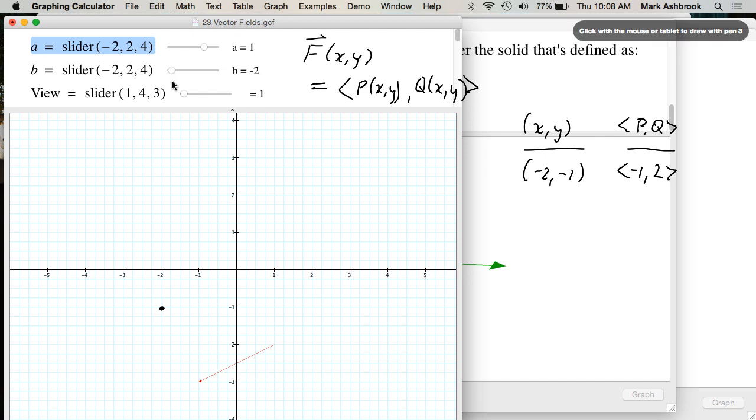If you can't see exactly where that tail is, this is the x and y. And then you're going to figure out what the resulting vector is.